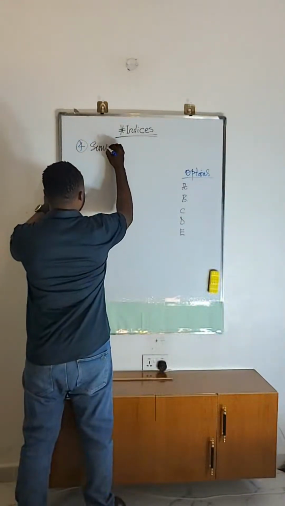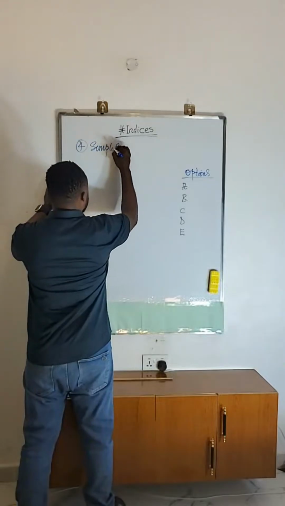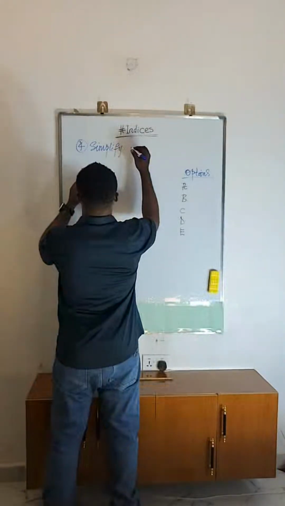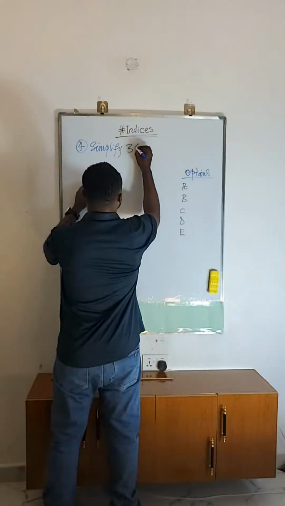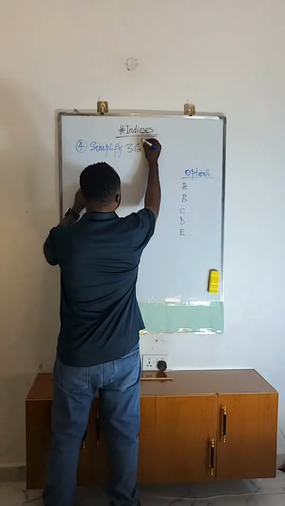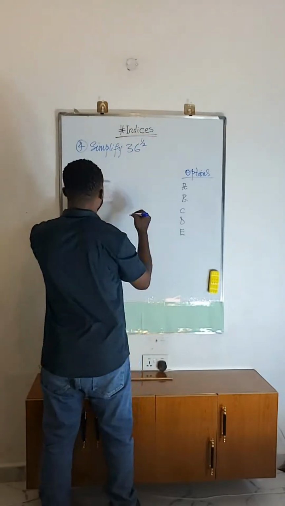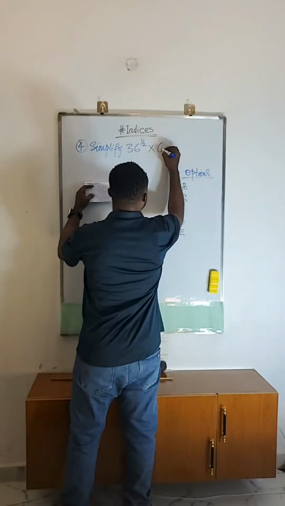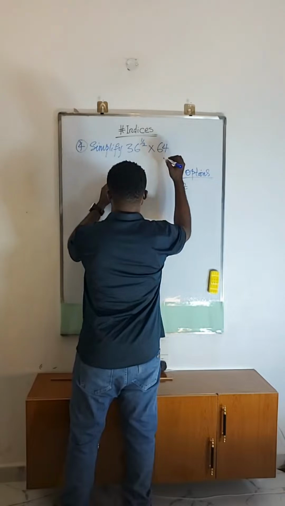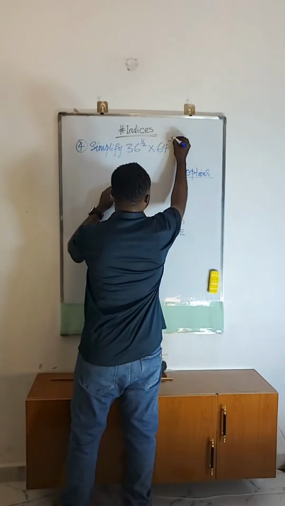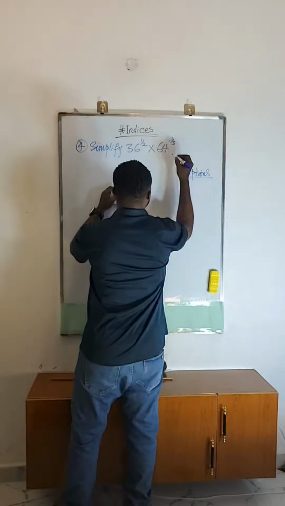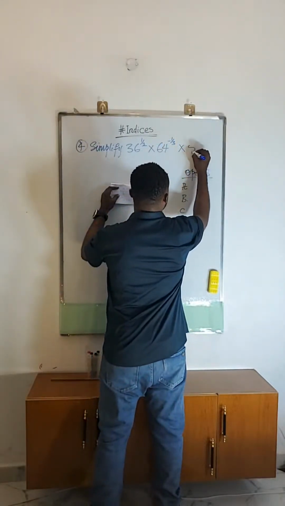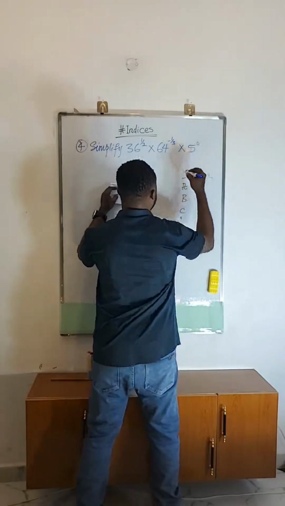It says simplify 36 raised to the power of 1 over 2, multiplied by 64 raised to the power of minus 1 over 3, and then multiplied by 5 raised to the power of 0.